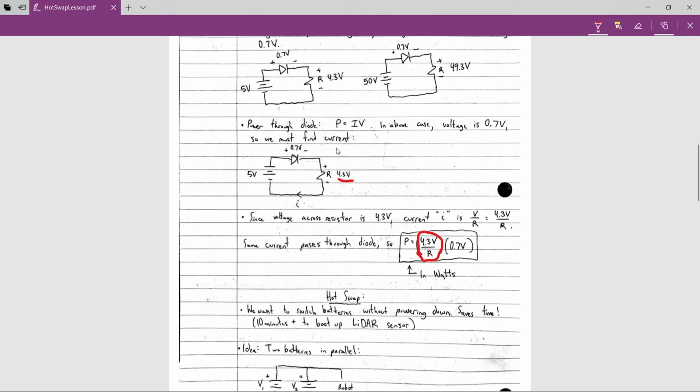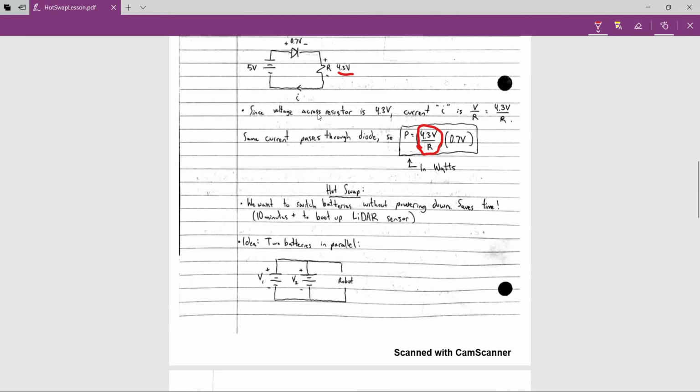The voltage across the diode is 0.7, so the current going through the diode times its voltage gives you the power. I just used an arbitrary resistance here, so there's no actual value in this problem, but that's how you do the calculation. The diode is actually dissipating power, so that's something to keep in mind.